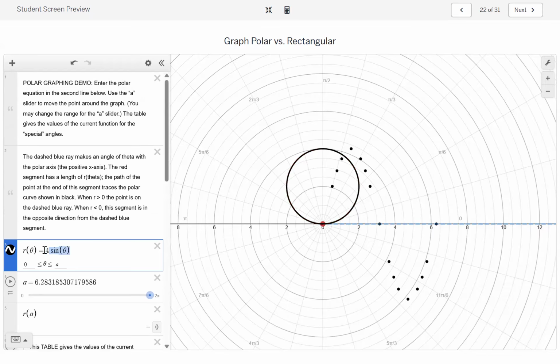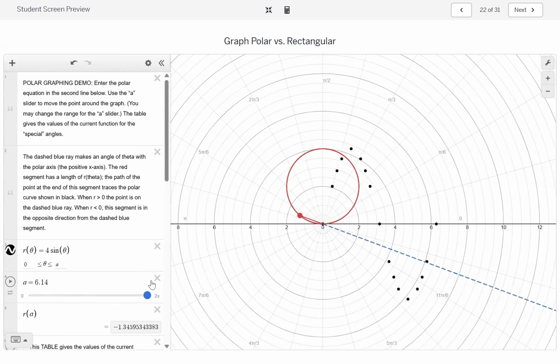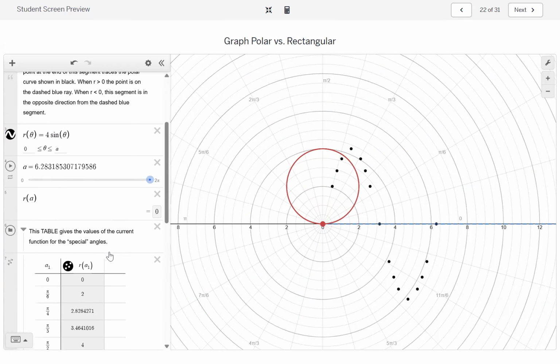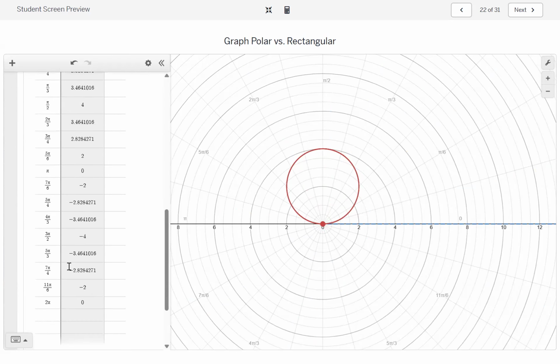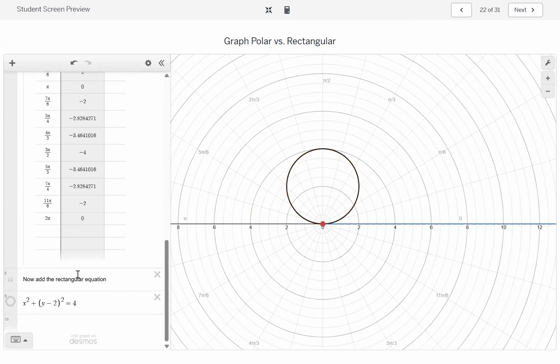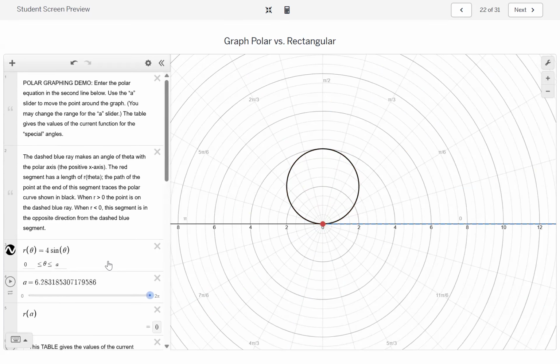So typing in r of theta, typing in the equation in terms of theta, and then having this 0 less than theta less than a, and then just being able to slide through all the points, this is a really great way to graph polar equations. Because one of the big things about polar equations is you want to understand how the graph moves through the points, like what direction it goes.